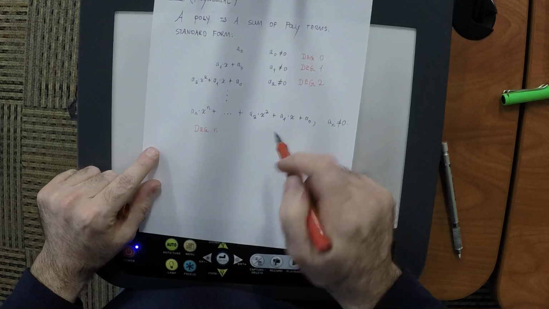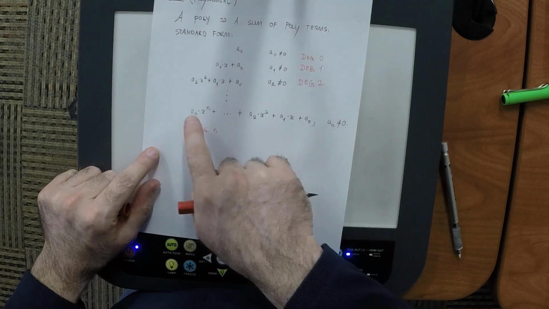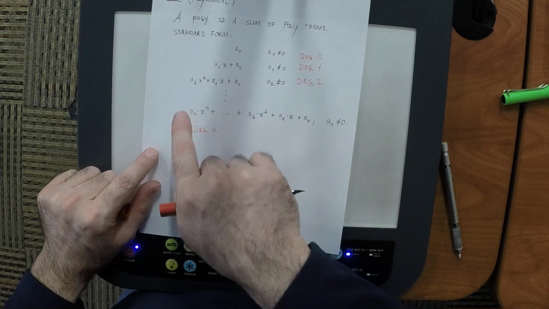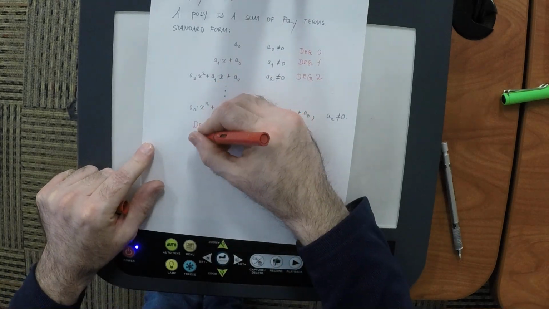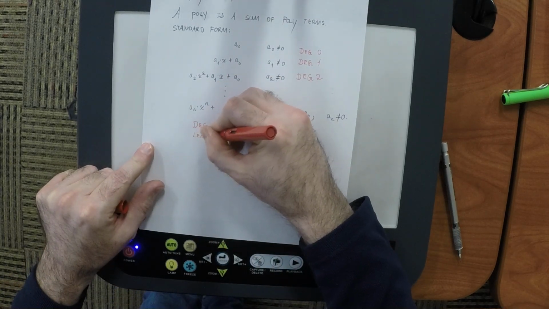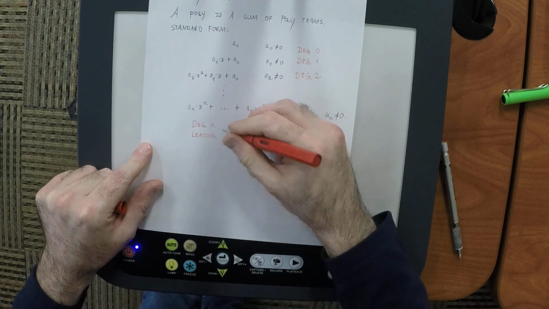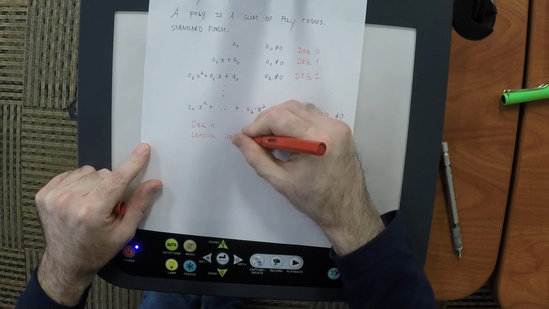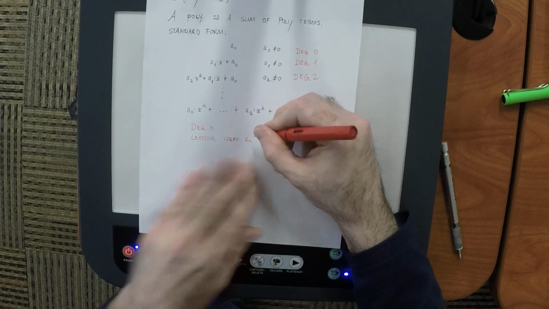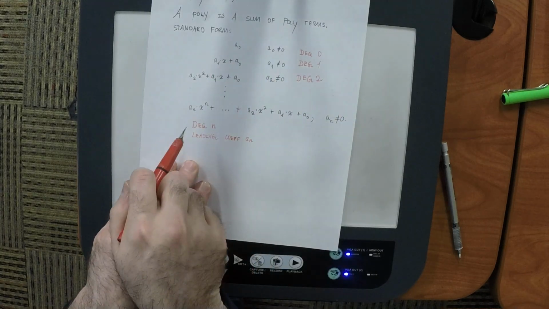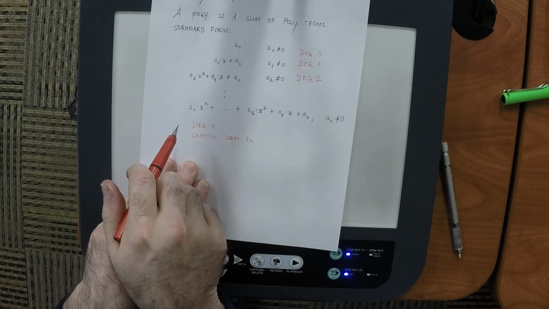Now, generally, we're also going to be interested in the numbers, all the an's and things like that. So for this one, the leading coefficient, called an, is that one. It's the coefficient of the term which has highest degree.